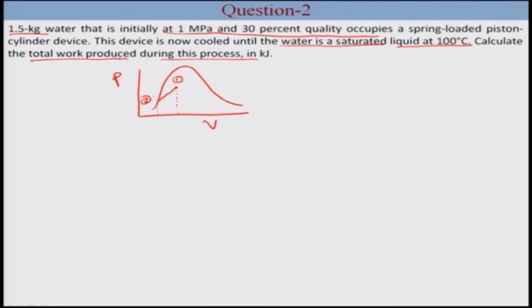The total work produced in this process would be the area under this line. So W total will be the area of this shaded region.